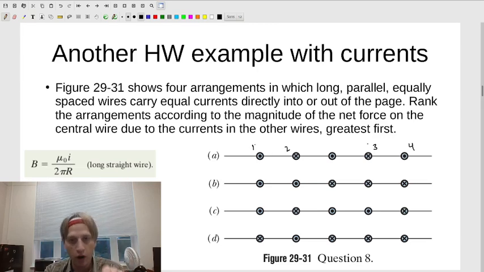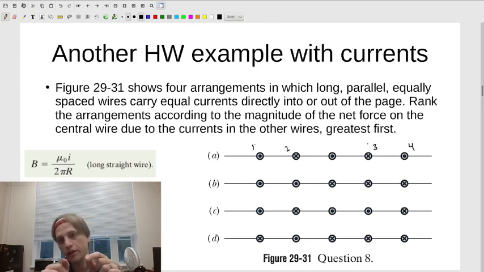If two wires are going parallel, they pull together. If the currents in two parallel wires are moving in the same direction, they will pull together. If the currents in two parallel wires are moving in opposite directions, they will push apart.